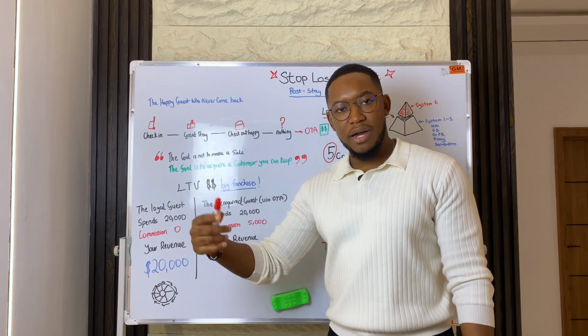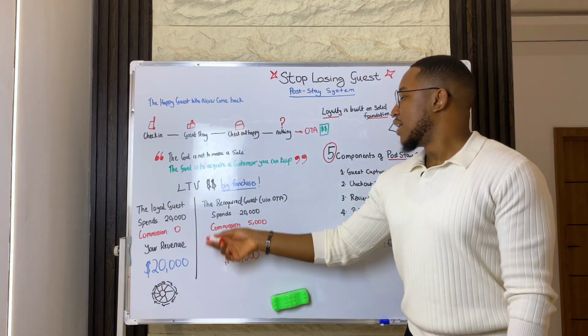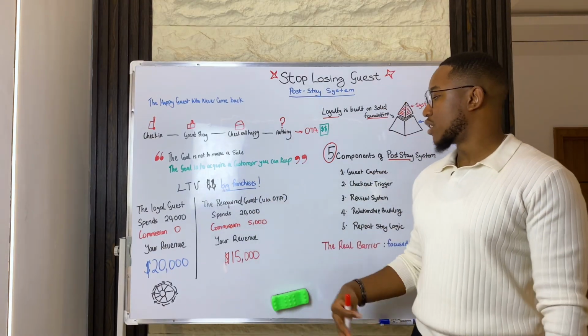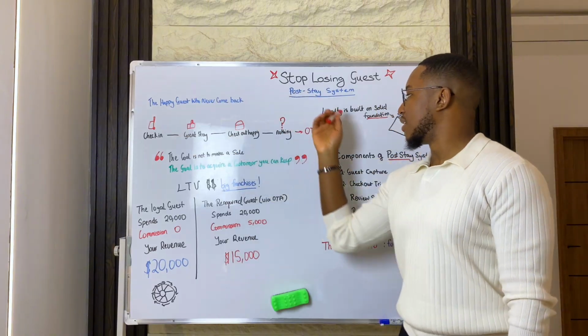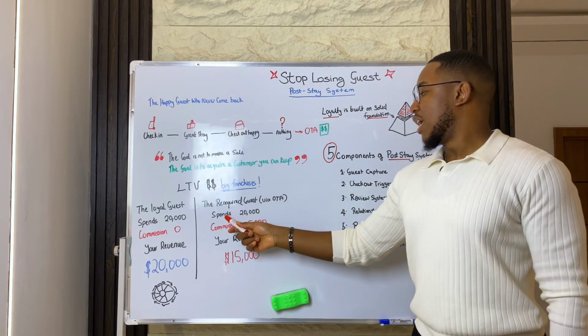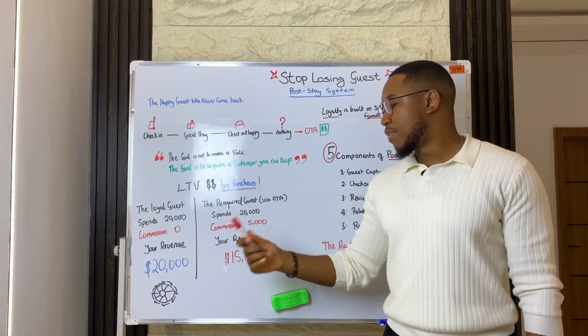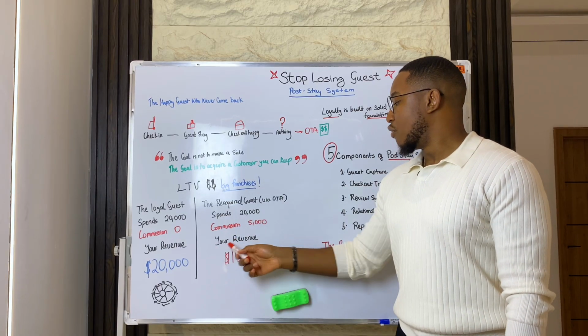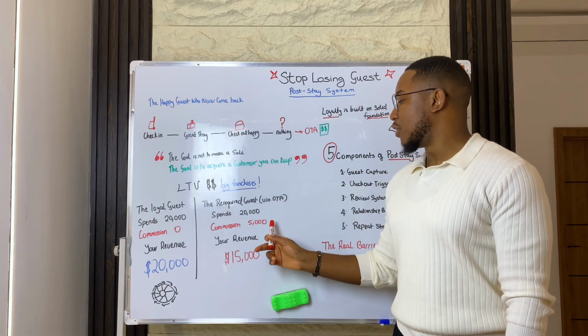Now, if you have to reacquire the customer every single time, meaning that you're getting the customer via OTA, just like this scenario that I painted out, if they're spending $20,000, you're going to be spending $5,000 on commission. Your revenue is going to be $15,000, and you're going to be losing $5,000.